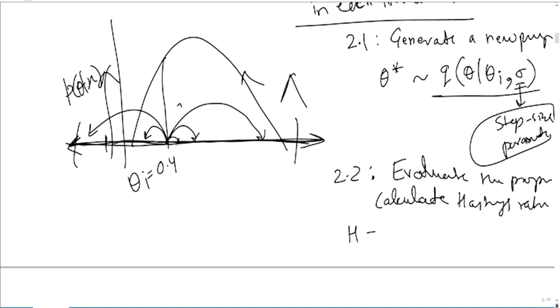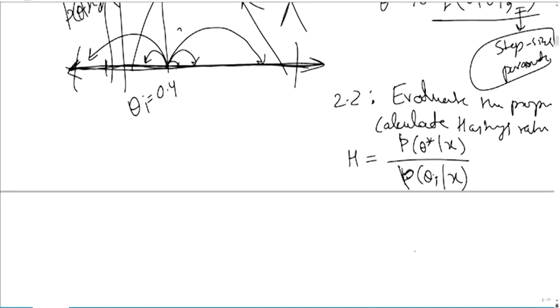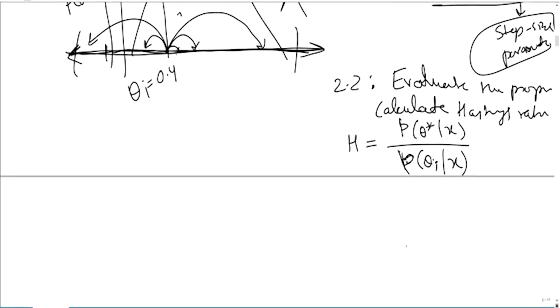The Hastings ratio is the posterior density of this proposal theta star given the data, divided by the posterior density of the previous sample that you have collected, theta I, basically the current state of the chain, given the data. So it is the ratio of their posterior densities.